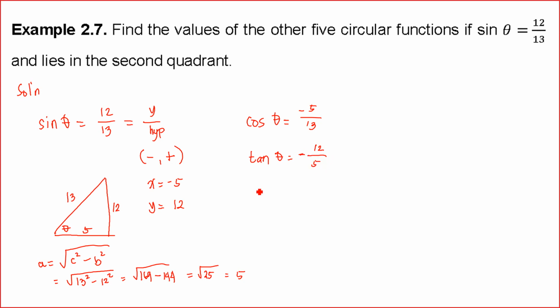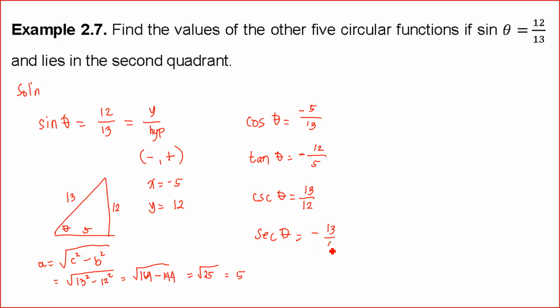The cosecant theta is equal to the reciprocal of this one. So you have 13 over 12. The secant theta is the reciprocal of this one. So you have negative 13 over 5.